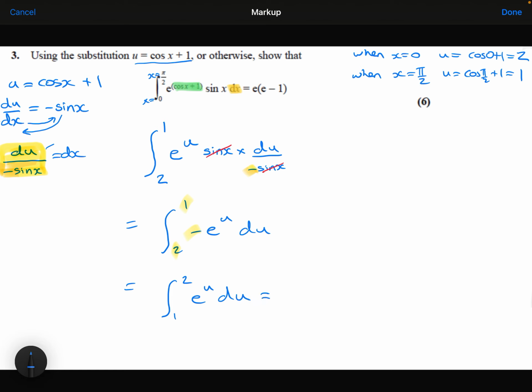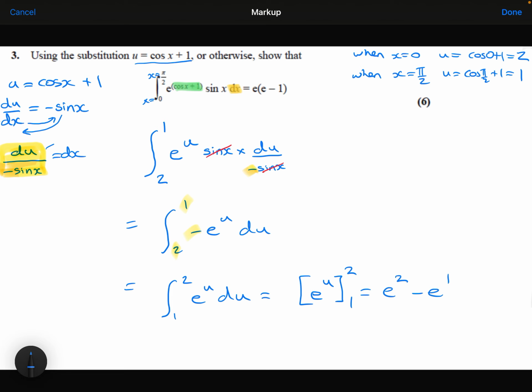Integrating the exponential then, e to the power u integrates to be e to the power u. Substitute my upper limit in, I get e squared. Substitute my lower limit in and take them away.